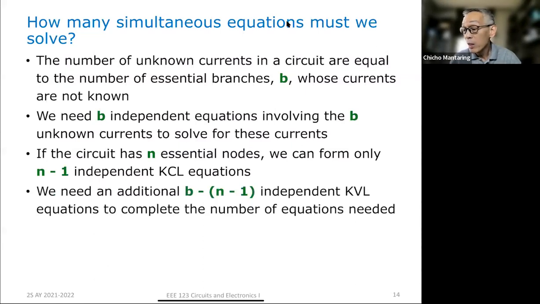So I need an additional B minus (n minus 1) KVL equations to complete the number of equations needed. Ito yung balance na kailangan ko, B minus n minus 1 or B minus n plus 1.